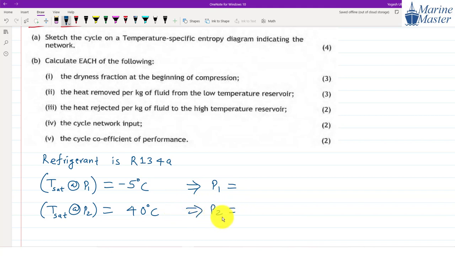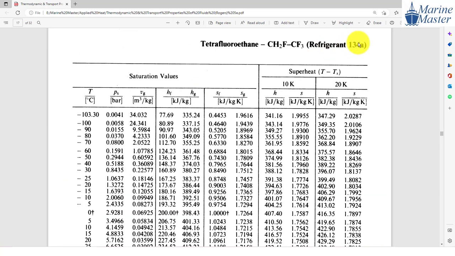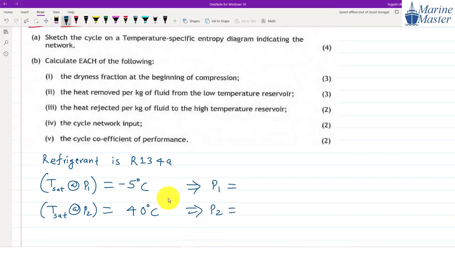Before going further, we are going to see the property table for R134A. Our low temperature is minus 5 degrees Celsius. For this saturation temperature of minus 5, what is the corresponding pressure?